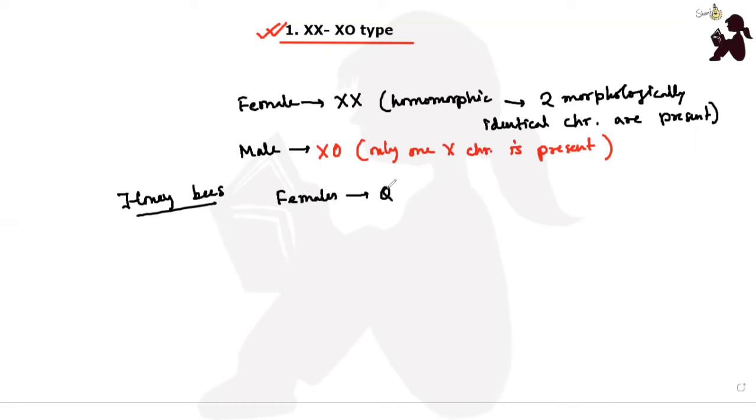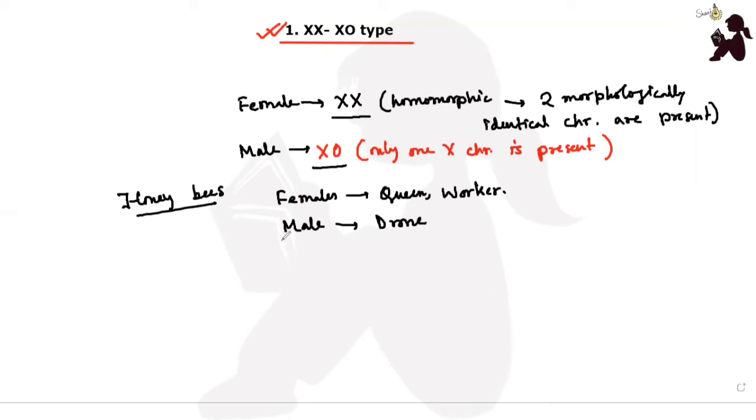One is the queen and the other one is the worker. And in the male, we can see the drone type of bees. Okay. So here the female has the genotype XX and the male has XO.